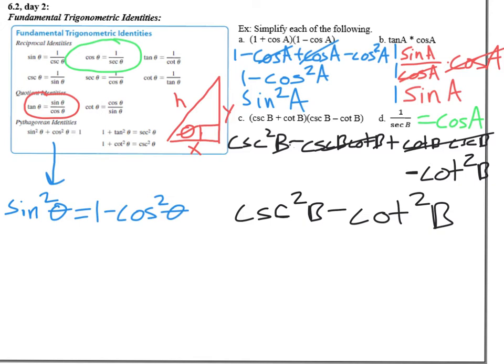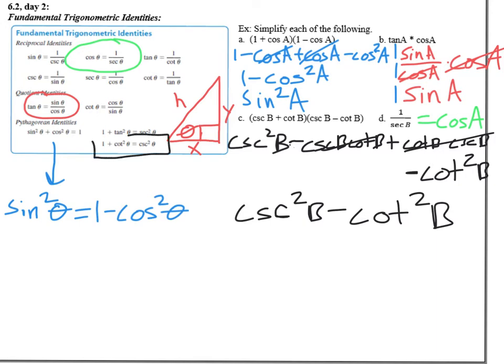that I've foiled it out, I'd look to my identities and see, can I use any, right? And usually the answer is yes. When you get to this point, it's like, all right, to simplify it further, I got to substitute an identity. You got to pick the right one, but notice this one has cosecant squared and cotangent squared.